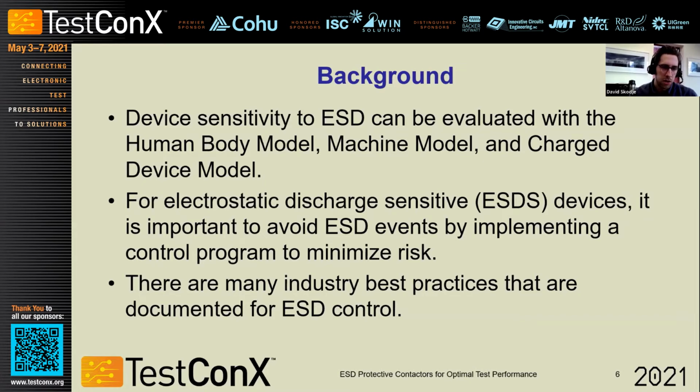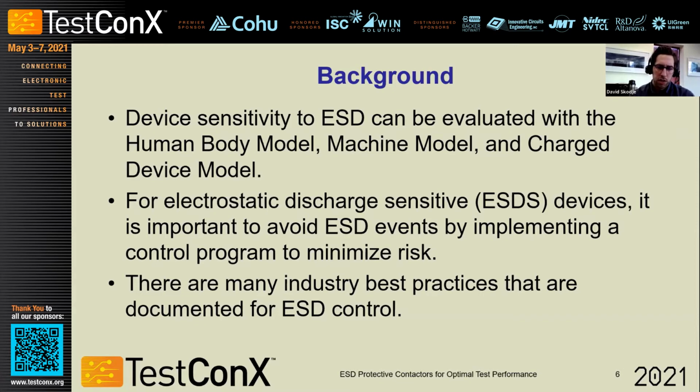There's the machine model, which simulates discharge from a conductive body to a device, and the charged device model, which simulates discharge from the device itself to another object. And in each case, these tests are completed at multiple voltages, and the highest passing voltage is recorded as the withstand voltage for that particular test.